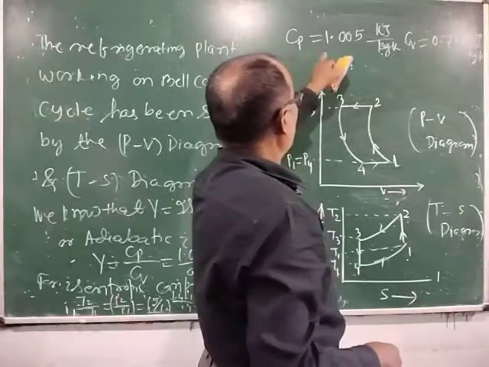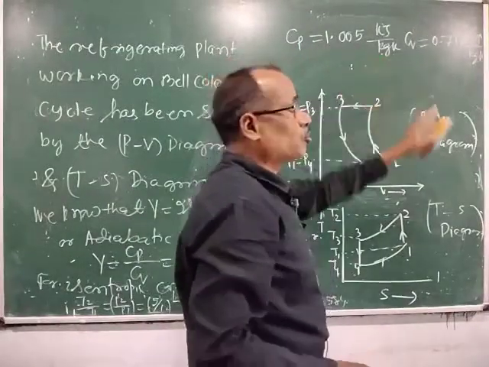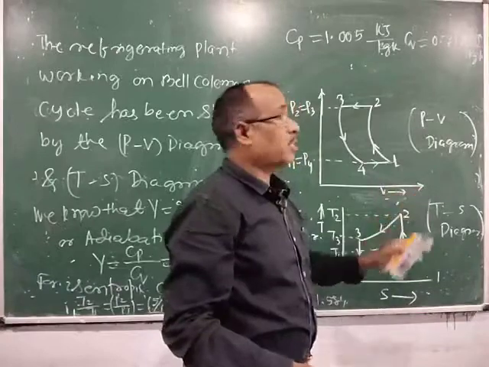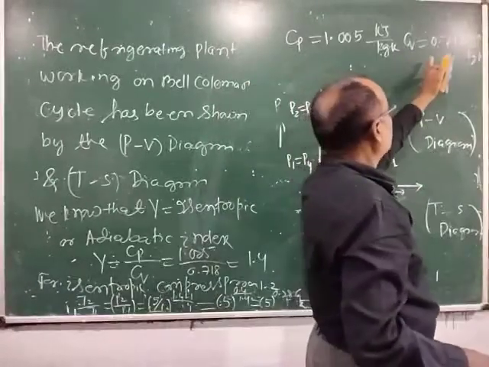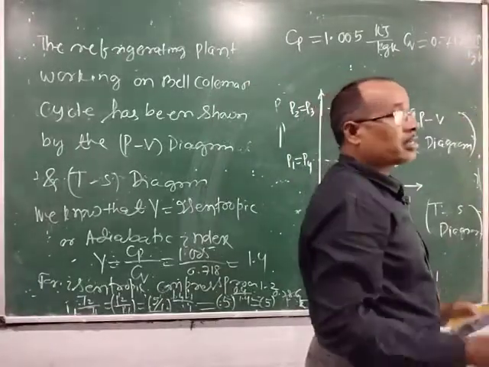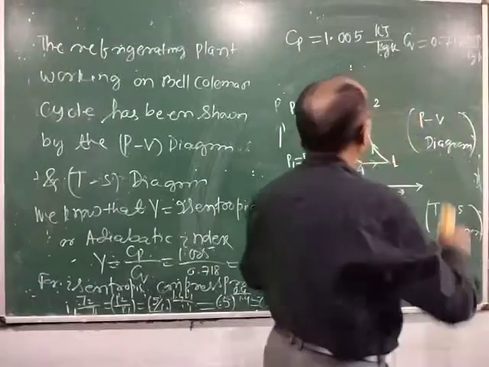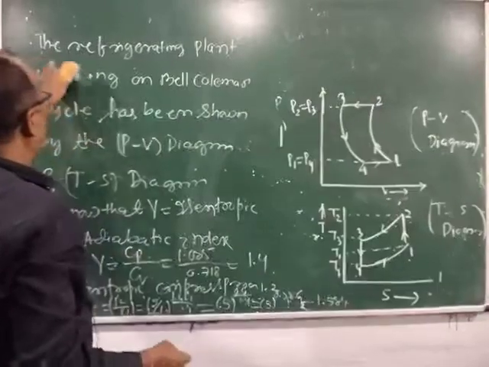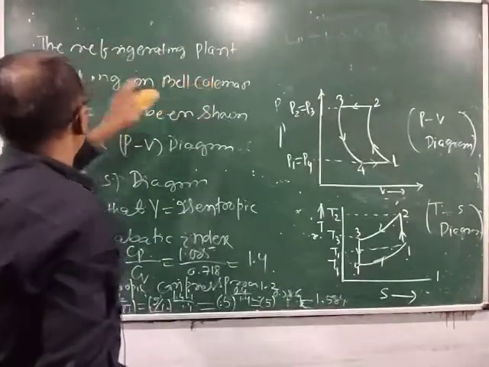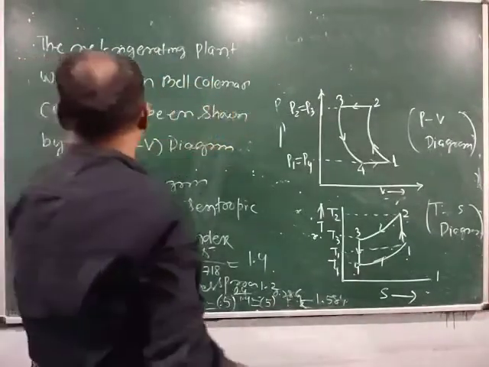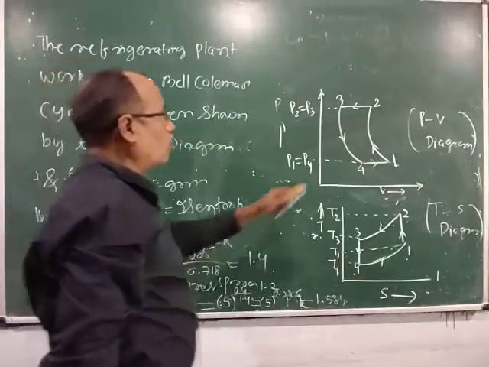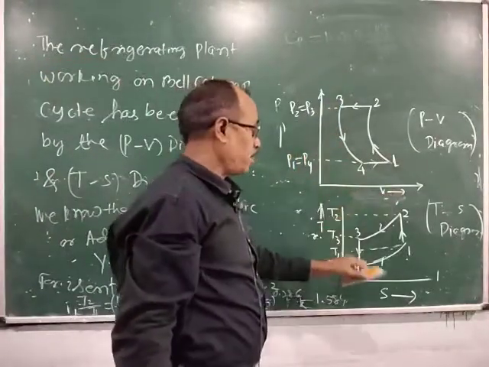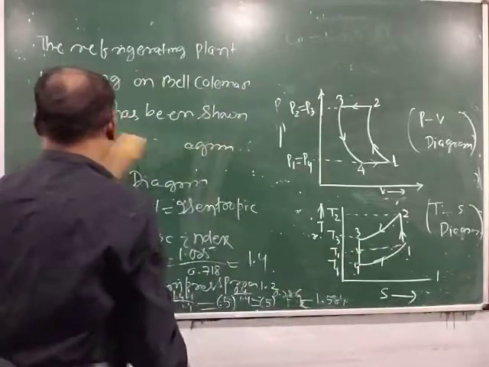Cp is equal to 1.005 kilojoule per kg degree Kelvin. It is given. Cv is equal to 0.718 kilojoule per kg degree Kelvin. It is given in the question. The refrigerating plant working on the Bell-Coleman cycle has been shown on the pressure volume and temperature entropy diagram.